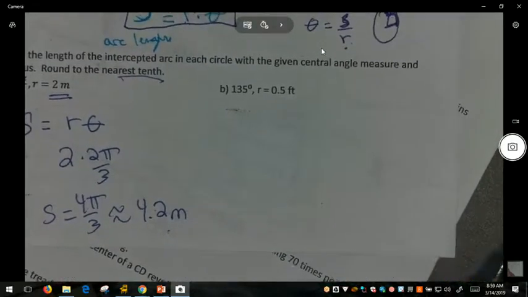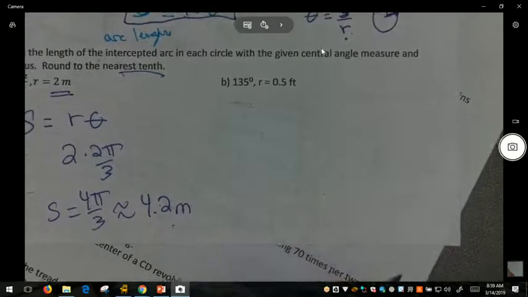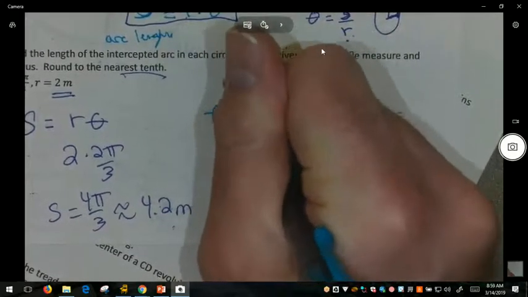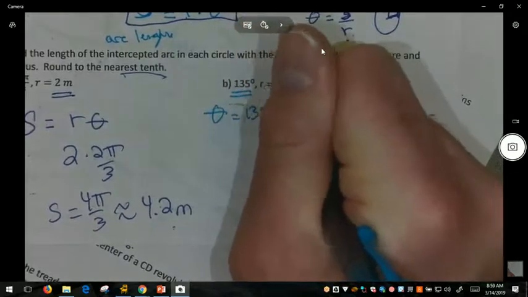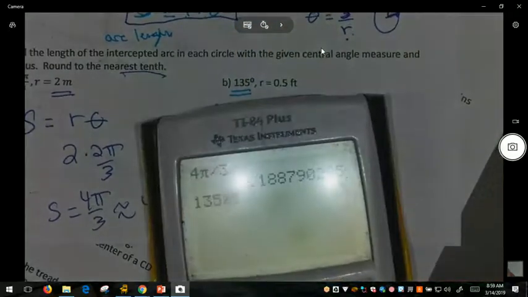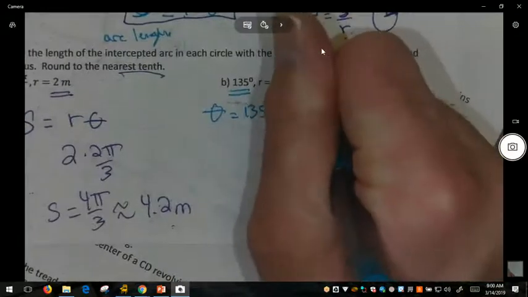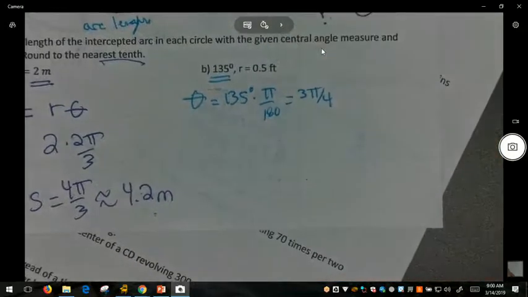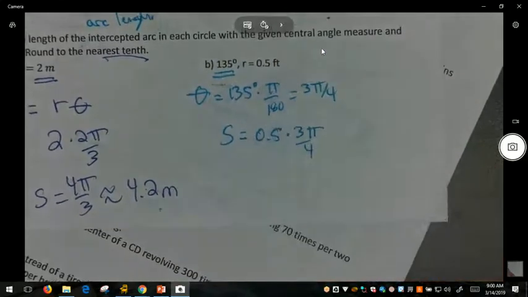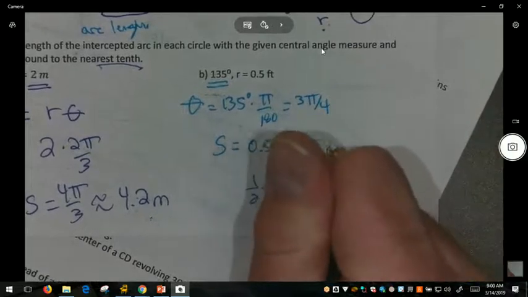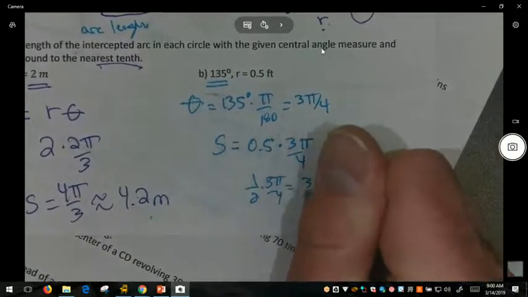For letter B, this formula would be great, except 135 is not in radians, so we have to convert it to radians first. 135 times pi over 180, 135 over 180, convert it to a fraction, that's going to be 3/4. This is 3 pi over 4. But that's just our angle. To find the arc length, we have to do 0.5 feet times 3 pi over 4. Since we are asked to round to the nearest tenth, normally I would have done 1/2 times 3 pi over 4, which would be 3 pi over 8.